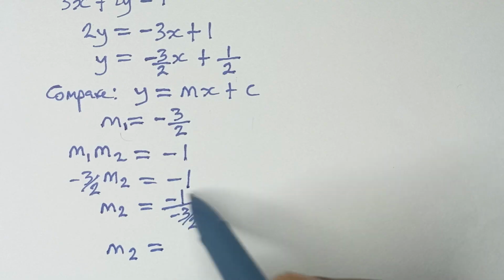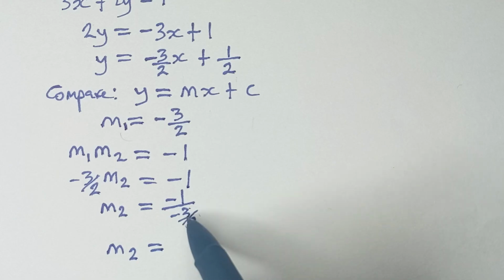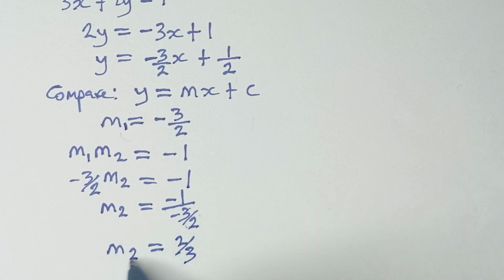So in short form, we take the inverse of 3/2 because the negative sign has cancelled now. It becomes 2/3. So whether it's simplifying this or simply taking the inverse of 3/2, which gave you 2/3, you have your m2 as the slope of the new line that we're looking for.